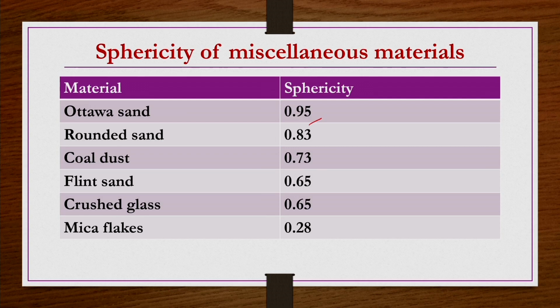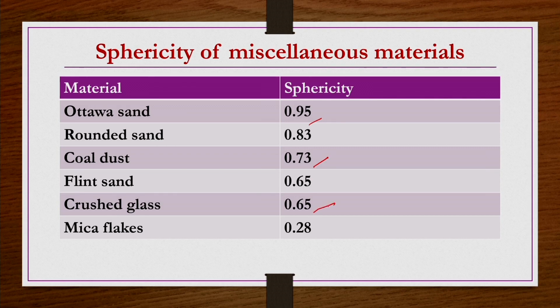Whereas coal dust, in general, is of very fine size, the finest sizes possible, not the crushed entire thing. For the coal dust we have, the sphericity is as much as 0.73, flint sand is 0.65, and crushed glass, which is in general used as a packing material in some chemical applications where no reactions are there, has in general 0.65.